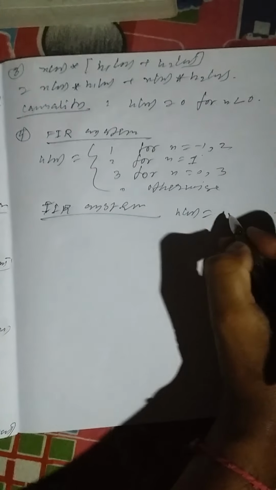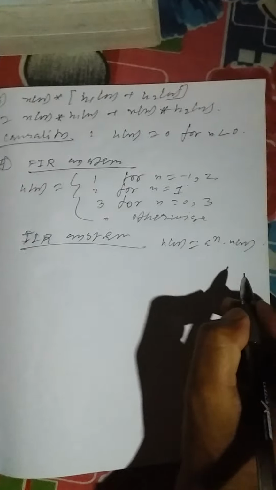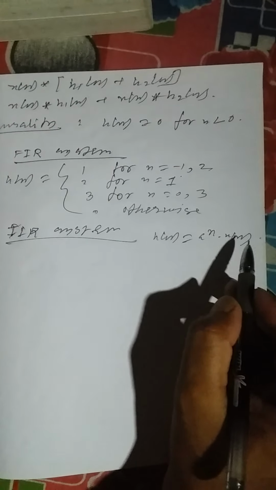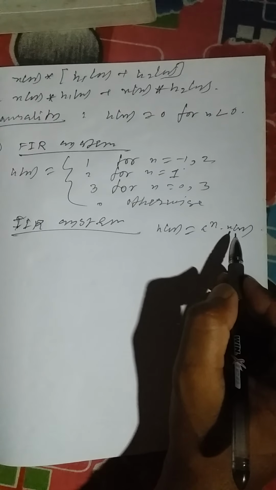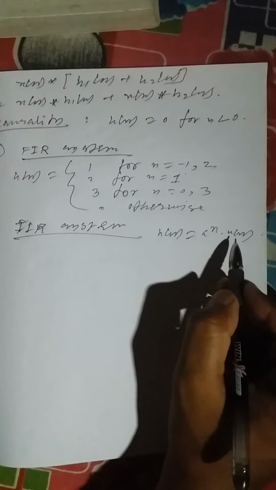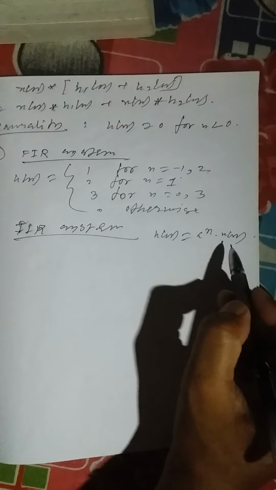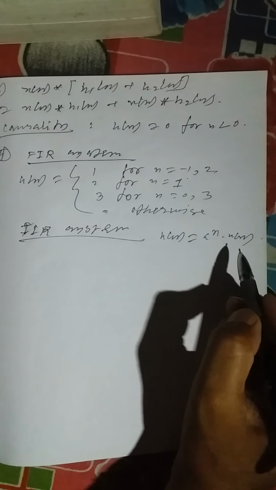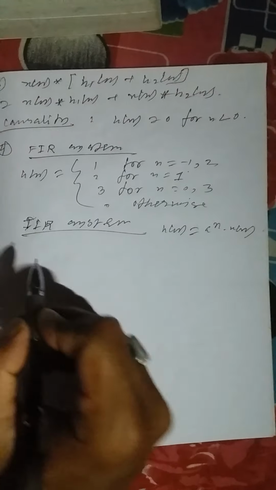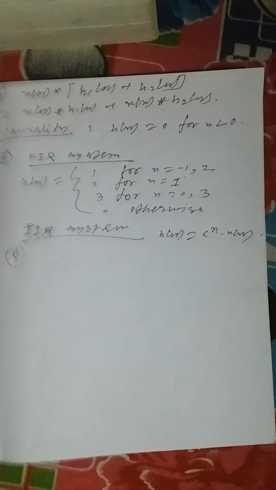Example of an IIR system: h[n] is a to the power n into u[n], where u[n] is the unit step function, which is of infinite duration. So this system has an impulse response of infinite duration, that's why it is called an IIR or infinite impulse response system.